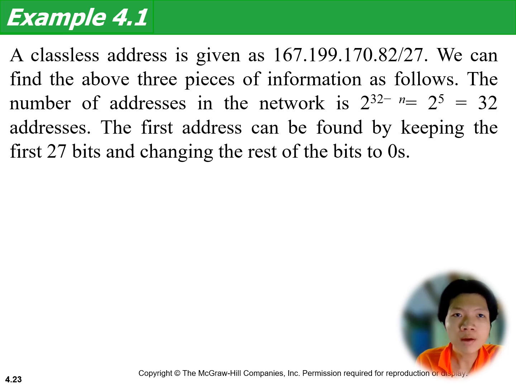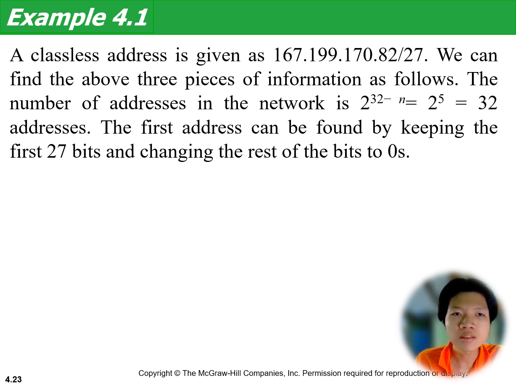Example 4.1. A classless address is given as 167.199.170.82/27. We can find the above three pieces of information as follows. The number of addresses in the network is 2 raised to the power of 32 minus n, which equals 2 to the power of 5, equals 32 addresses.